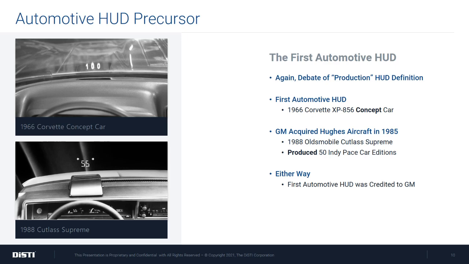And so the definition is the difference between production here. It's either going to be a concept or a production vehicle, right? But again, either way, the first automotive HUD seems to be credited to GM.